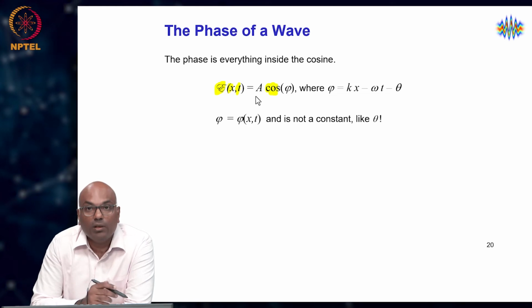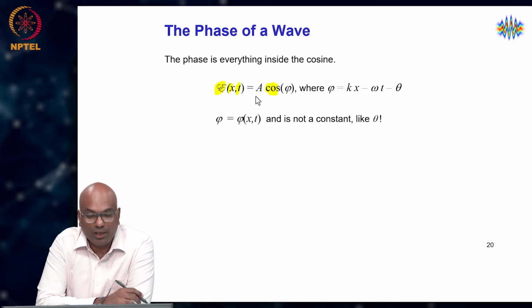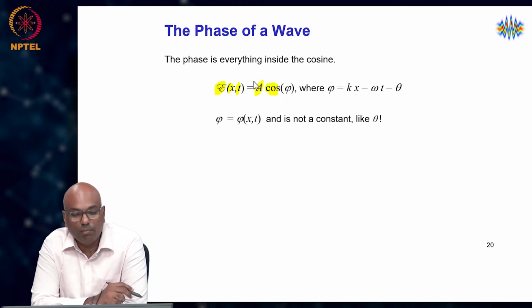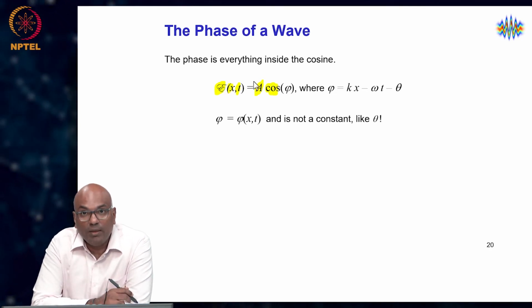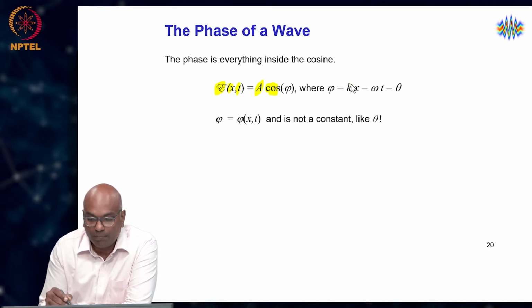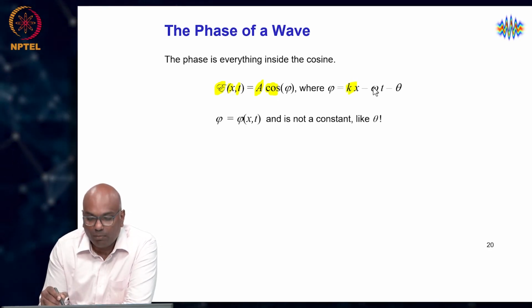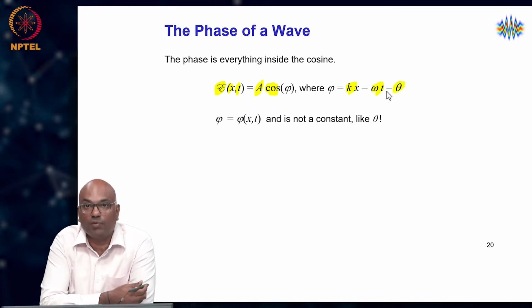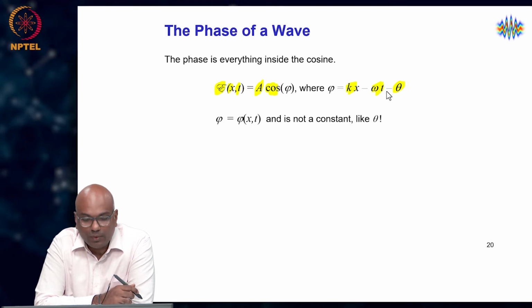We have referenced ourselves to the cosine. So, A, the constant amplitude, multiplying cosine of the argument which we earlier wrote down as kx minus omega t minus the initial phase or absolute phase theta, right.